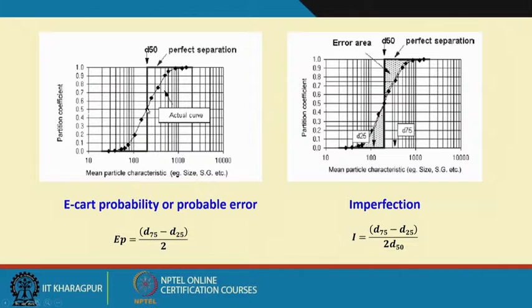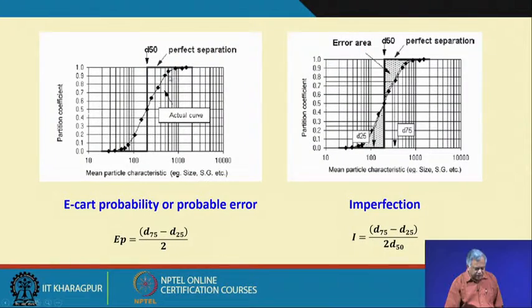So here Tromp's suggestion is that you take the D50 size. Normally it is a practice now, when I plot this curve, which has a typical shape, the D50 is the imaginary size where you have 50% oversize material and 50% material in the underside.